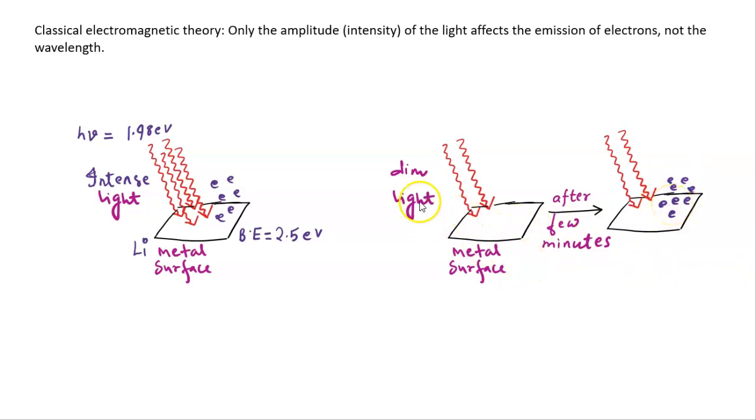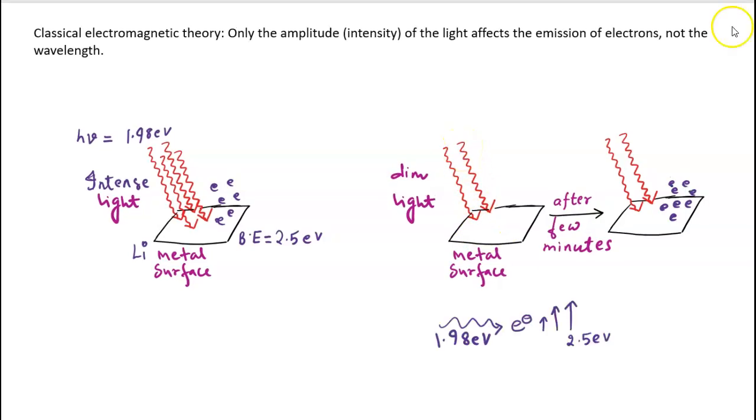So classical electromagnetic theory believes that light is in the form of waves, and waves are continuous. So there is a continuous transmission of energy to the metal surface.